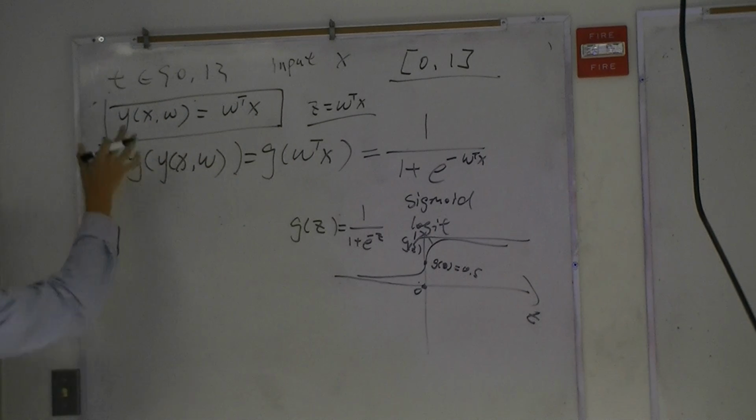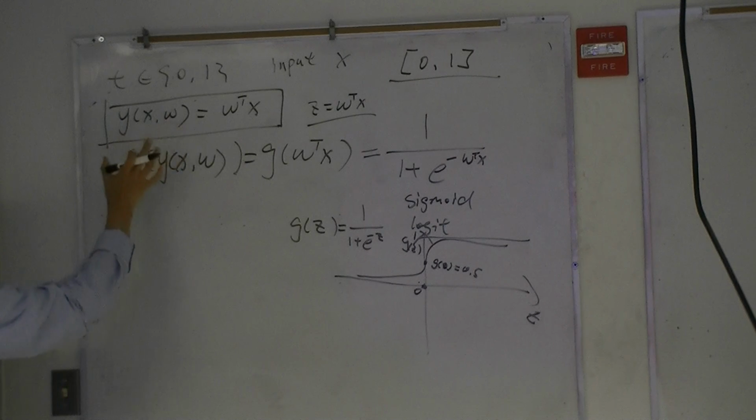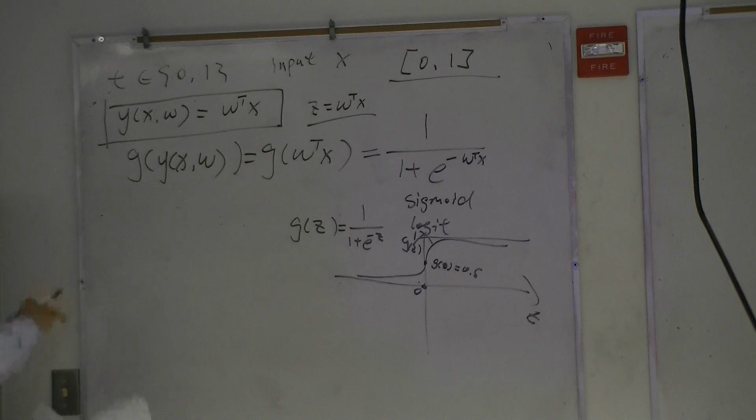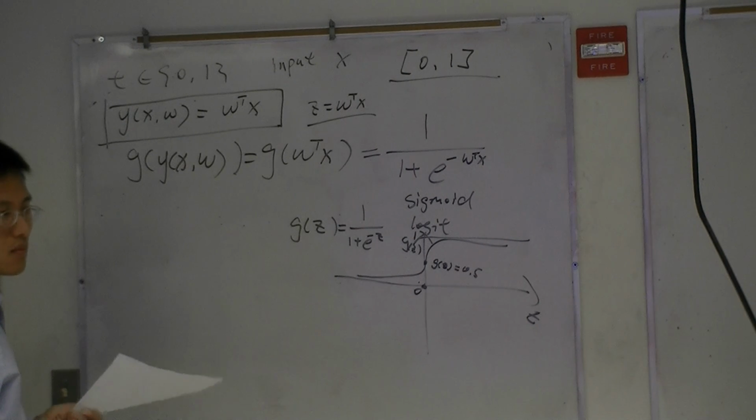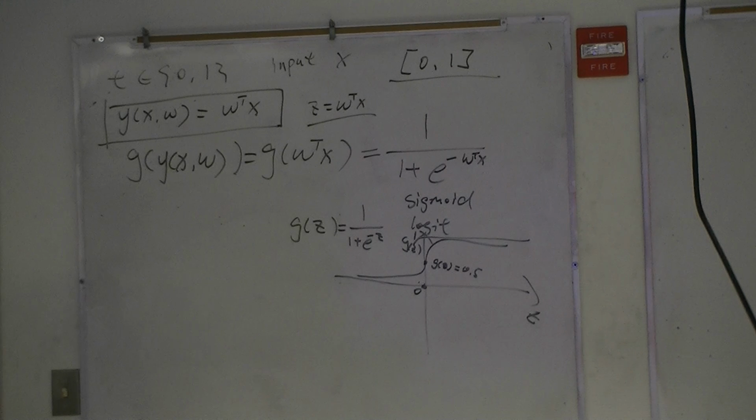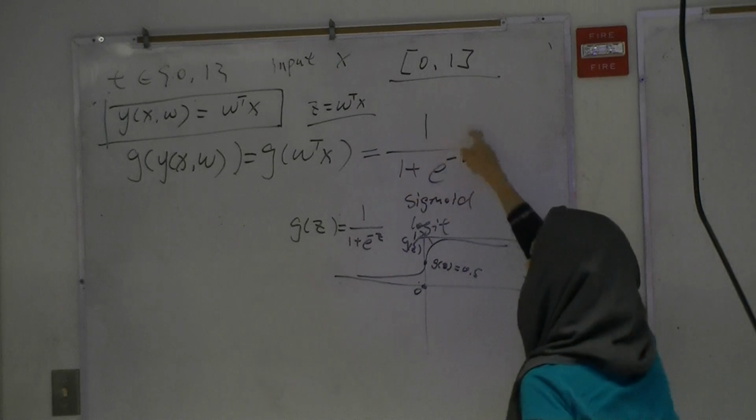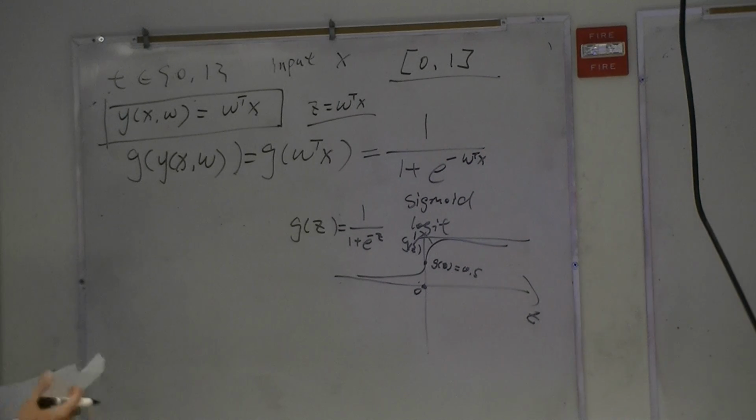In the original linear regression, we have this regression function, and its output goes from negative infinity to positive infinity. It can be anything. Yeah, I know, but my question is, you have g of w transpose x, okay? Why do you want to use g? Why can't you use h? Why use this function? Yeah, I will talk about it later.